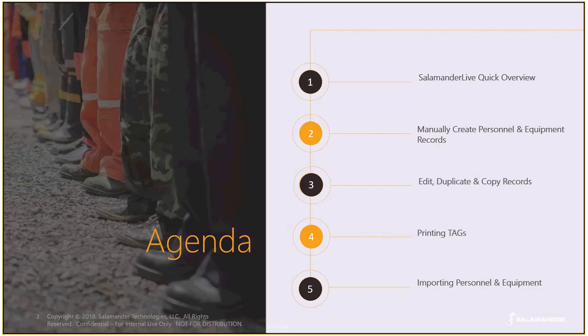We're also going to be able to take a look at how to print personnel and equipment records. And then last, we'll take a look at the new process for importing personnel and equipment data into Salamander Live. So I'm sure for those of you that have done some importing in the old site, you'll be very happy to see that the new process for importing is a lot easier and simpler.